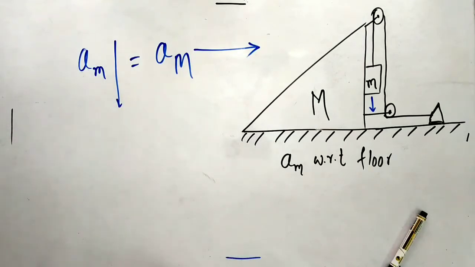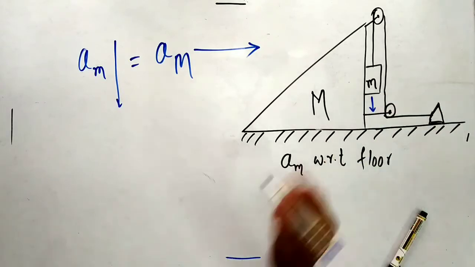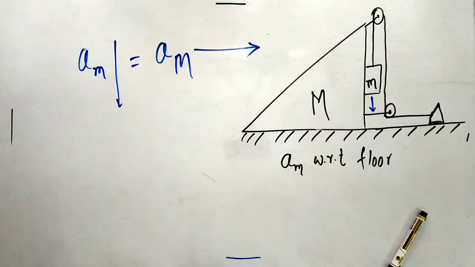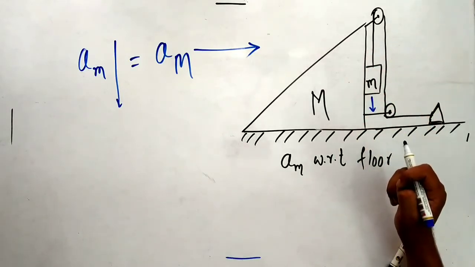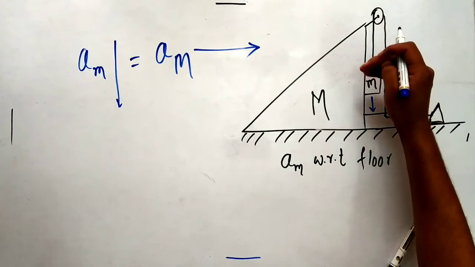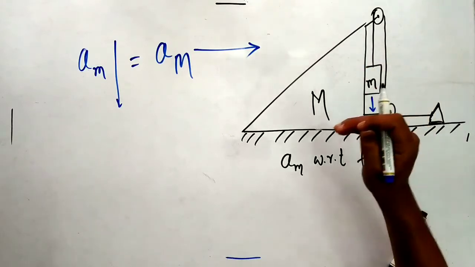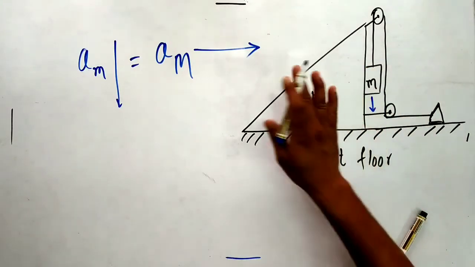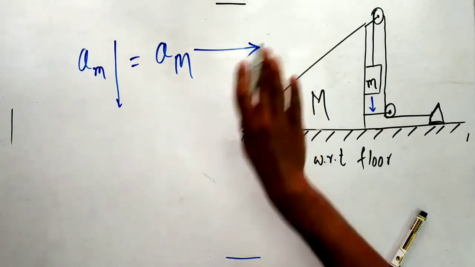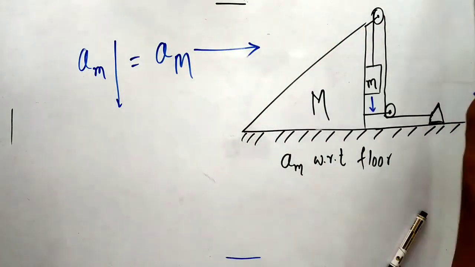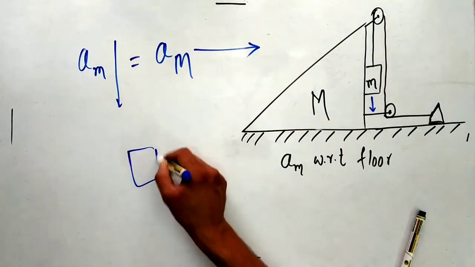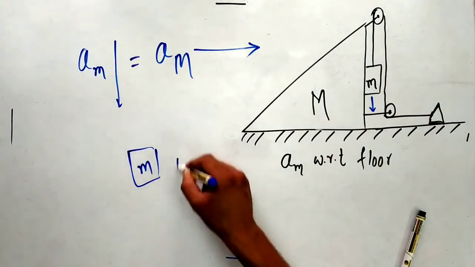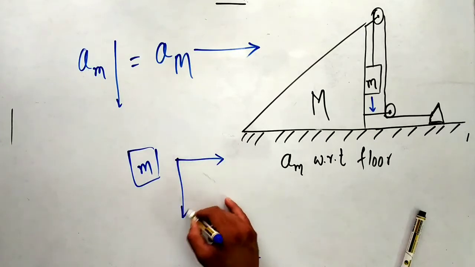Also, the third thing that you need to understand is that the small mass m has 2 accelerations being imparted to it, one pulling it downwards, and the other due to the capital mass M, which is also taking it along with it to the right. So the small mass m is facing 2 accelerations, one this way, another this way.